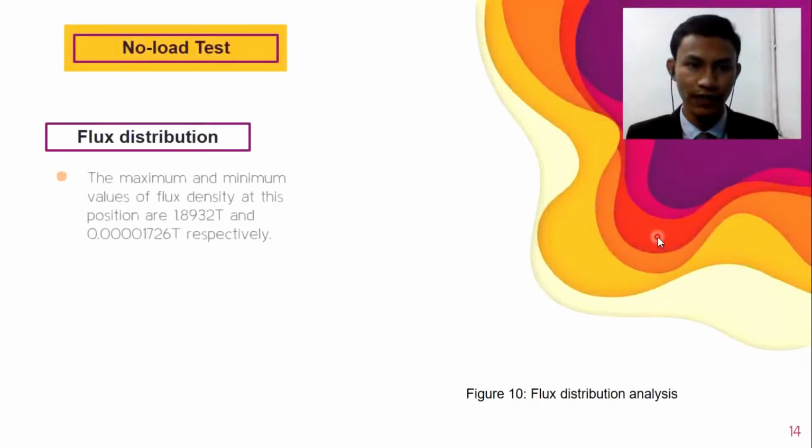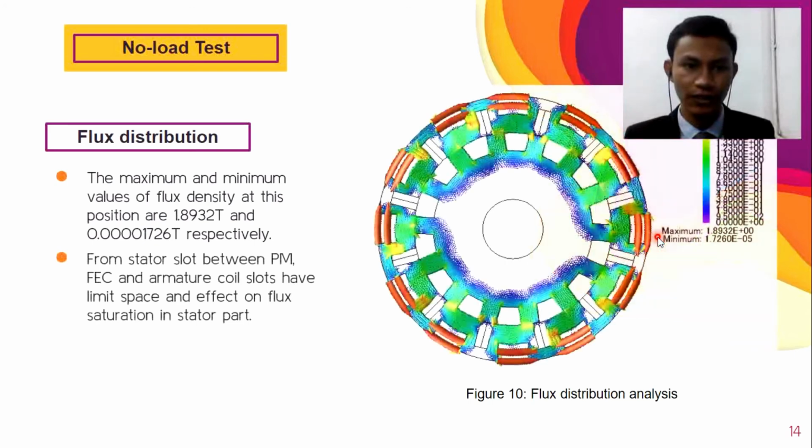So we move to the flux distribution. So the maximum and minimum flux distribution is for maximum 1.8932 Tesla, and for minimum 0.000172 Tesla respectively, based on this value.